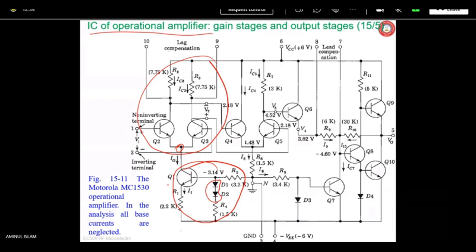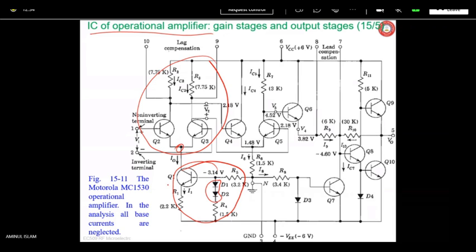However, since double-ended signals are applied to Q4 and Q5, one from here to Q4, another from here to Q5, they have been tapped from the first stage.